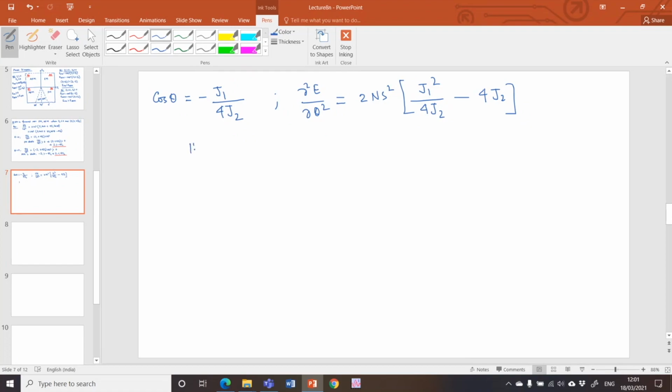Okay, so now if this is stable, then this bracketed quantity has to be greater than 0, which means that J1 square by 4J2 minus 4J2 has to be greater than 0, right? Which means that J1 square has to be greater than 16J2 square, right?